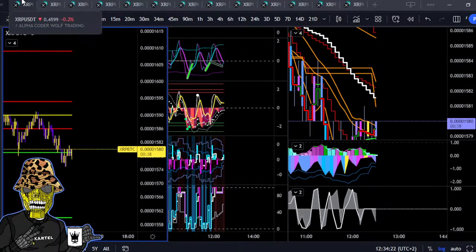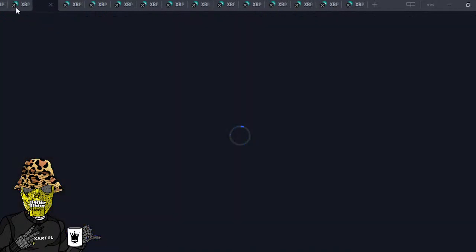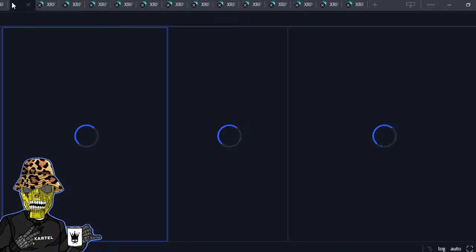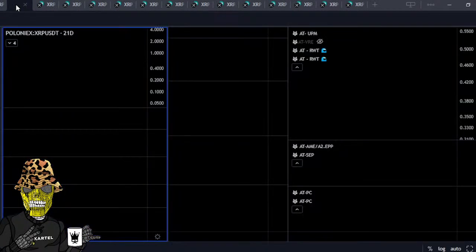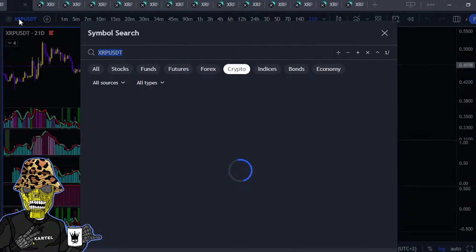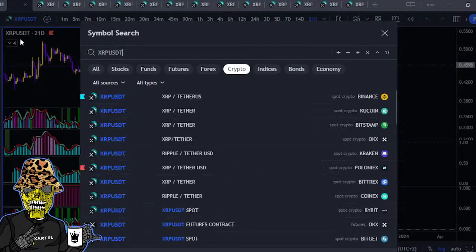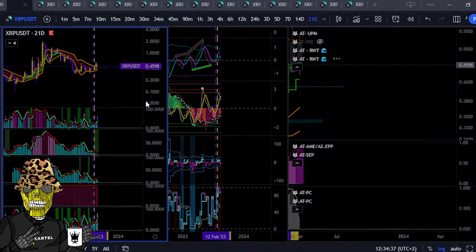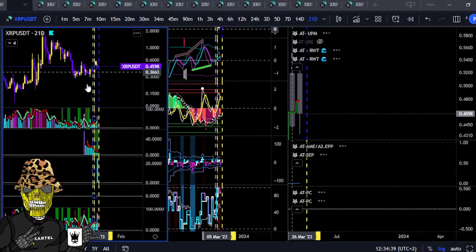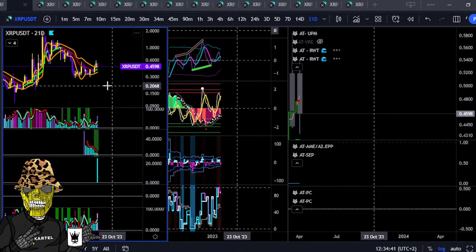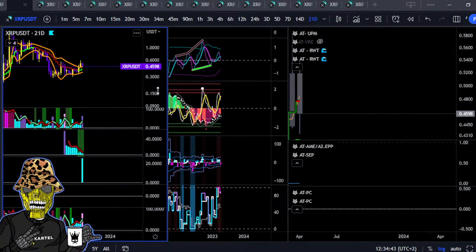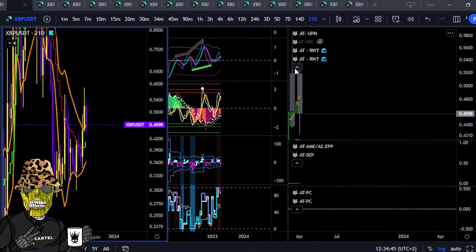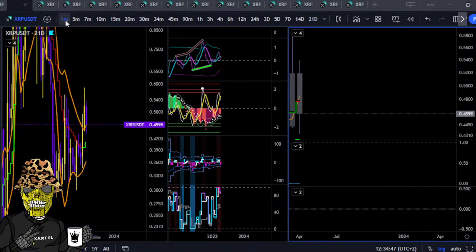I want to be duplicating this chart, putting it over here, turning it to, let's see if there's enough liquidity to view it on the 1 minute on Binance. All right. Okay, so I want to see how this thing's moving. Go away.